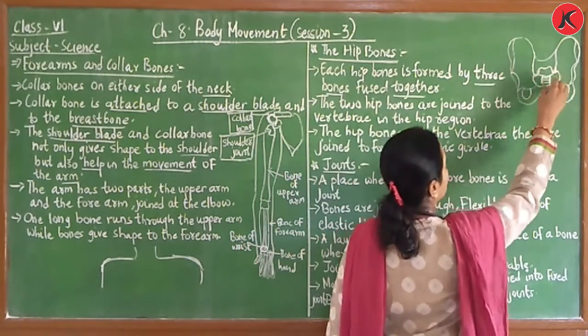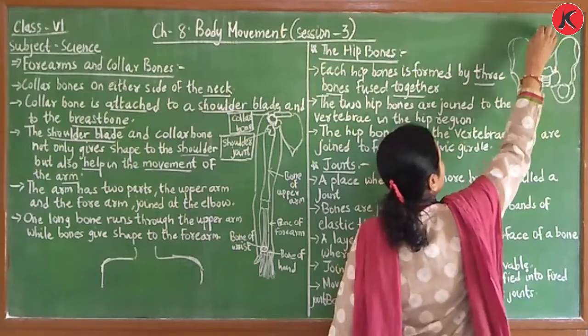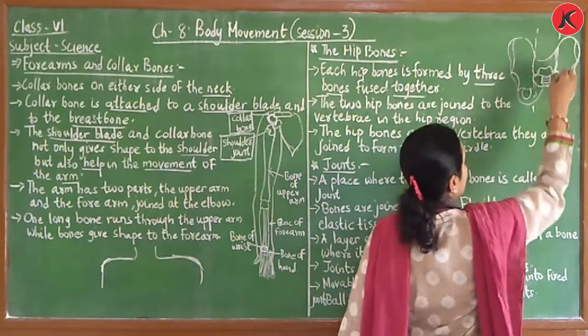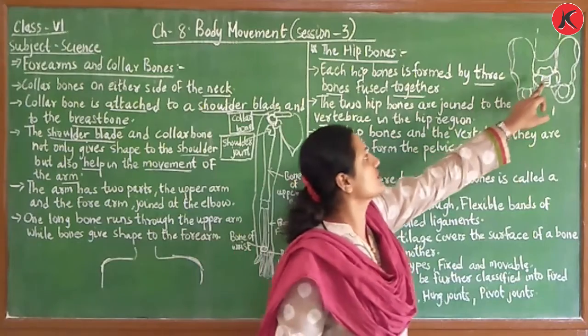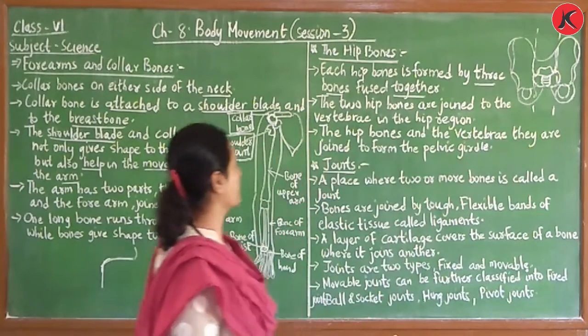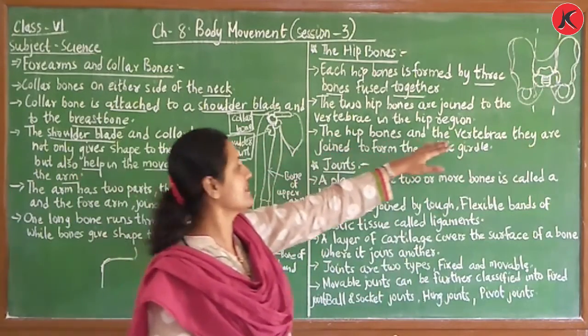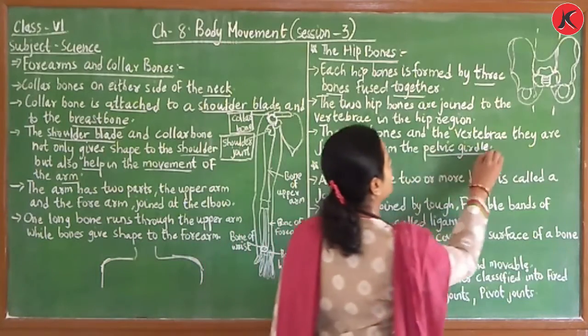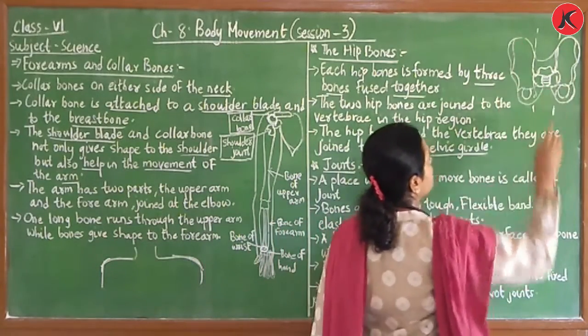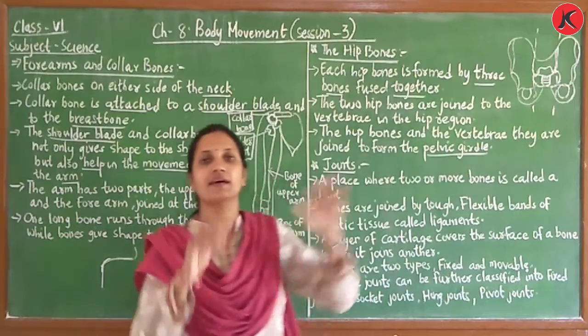Here is the vertebrae, children, this is one hip part and this is the second. So these 2 hip bones are joined to the vertebrae in the center. The hip bones and the vertebrae are joined to form the pelvic girdle. This whole structure is called the pelvic girdle.